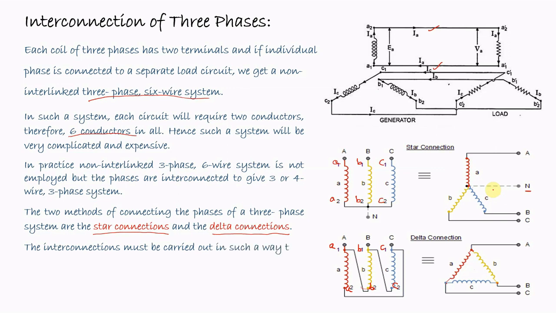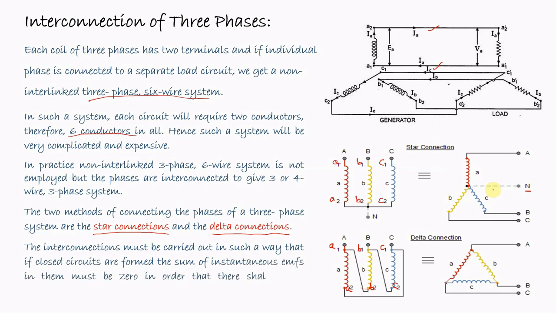The interconnections must be carried out in such a way that if closed circuits are formed, the sum of the instantaneous EMFs in them must be zero, so that there shall be no circulating current in the circuit.